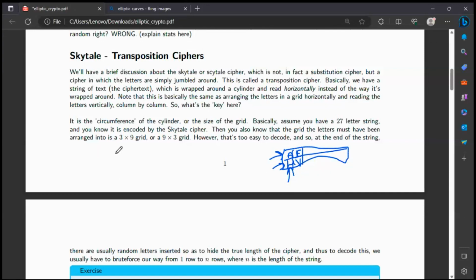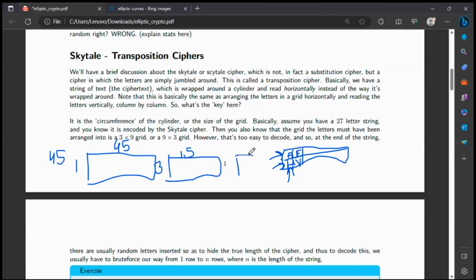An obvious thing one can note is that if we have, let's say, 45 letters, when we arrange them into a grid, it can form a 1 into 45 grid, a 3 into 15 grid, or a 5 into 9 grid, right? I hope I'm not forgetting any cases. So these are the ways we can do this.